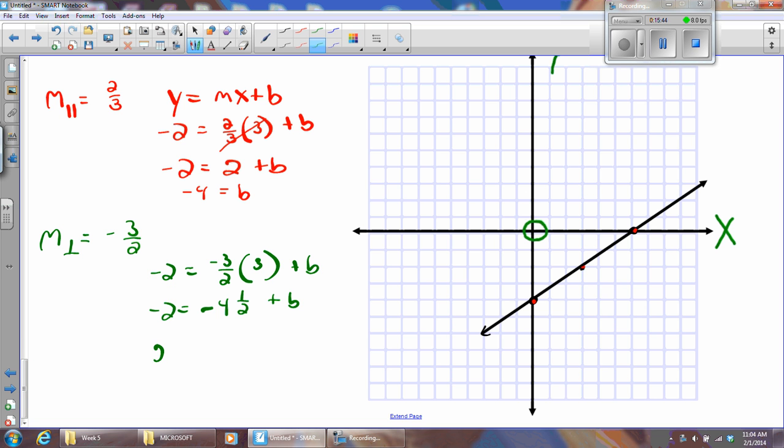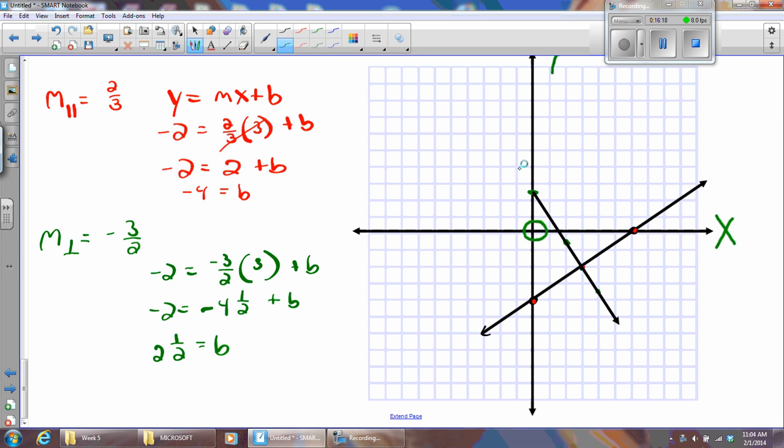So I should get 2.5 for b. So I'm going to go positive 2.5. So 1, 2.5 is going to be pretty close to there. Now my slope is -3/2, so I'm going to go down 3, right? Then over 2, and then down 3, over 2, and then let me draw this line in. It's going to look like that, and sure enough, they are looking perpendicular, aren't they?